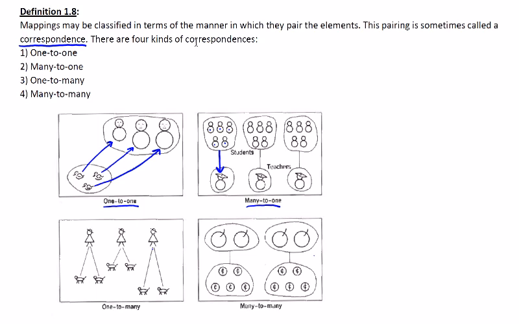Now the picture has kind of oversimplified it a little bit because they're kind of grouping all the students together. But in reality, if we're thinking about it in terms of how we do our mapping, we would take each one of these students and map them to the exact same instructor. And so this represents many all mapping to one. So if you group them all together, it's many that are mapping to one.